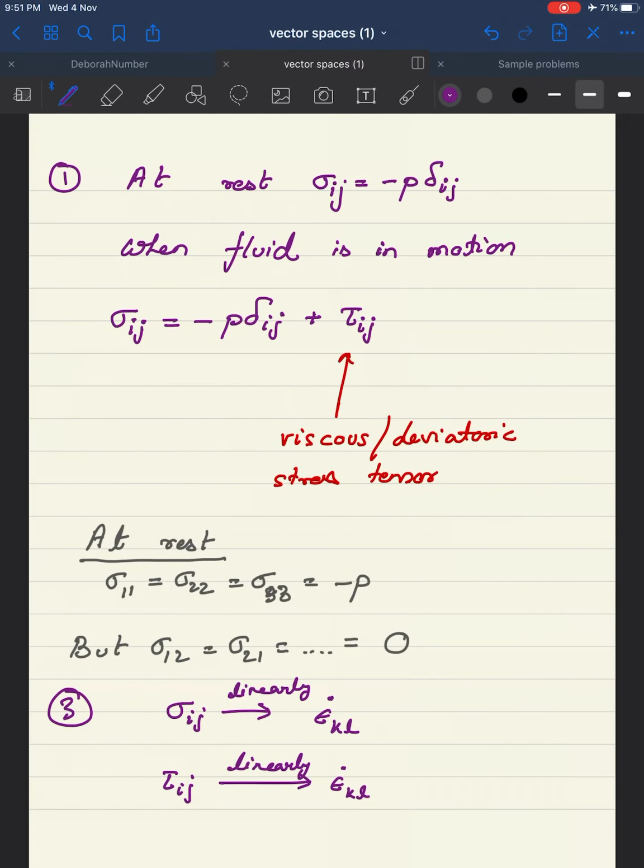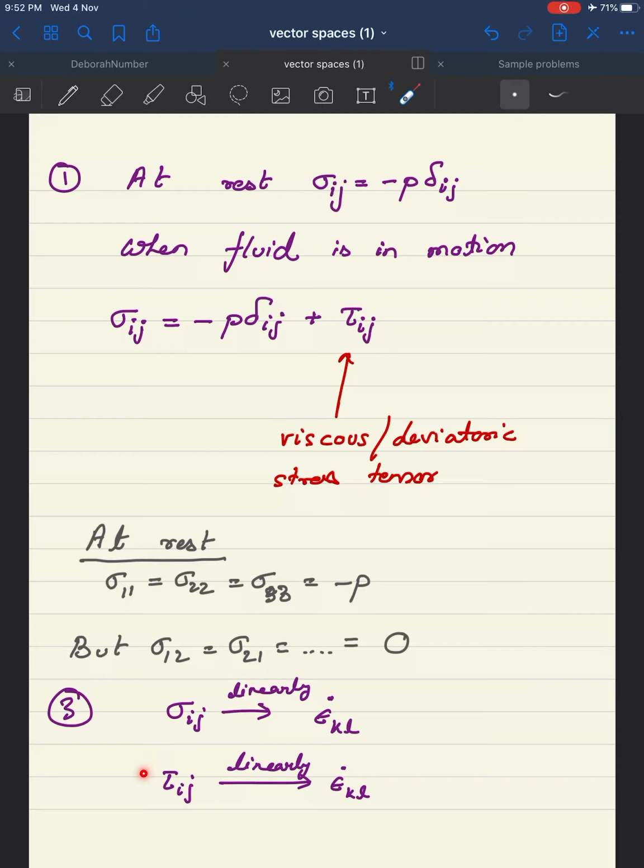I hope you remember when we were having this discussion about vectors, that if you have one vector and another vector and they are linearly related, then the linear relationship is basically given by a linear map or a tensor. So for a 3 into 1 vector which maps into another 3 into 1 vector, the mapping is given by a 3 into 3 matrix.